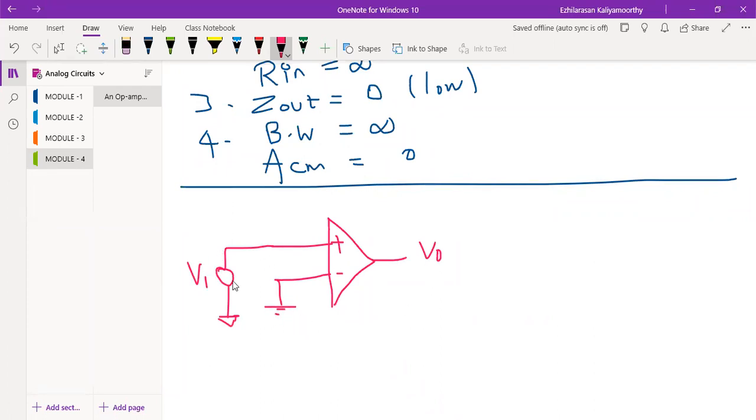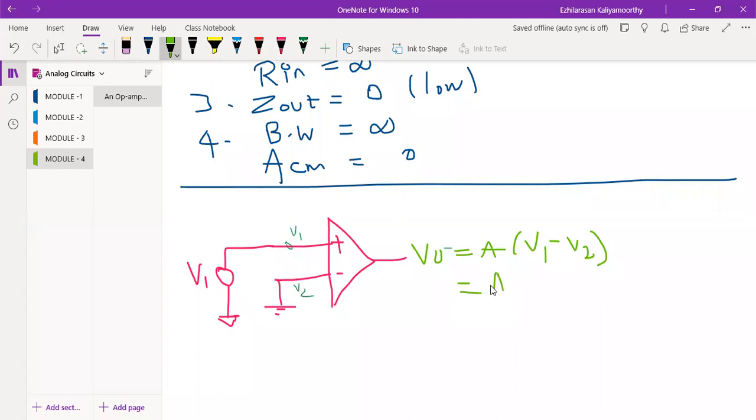Now what will be your output V naught? This is V1, right? This node is V2. So what will be your expression? V naught is equal to A into (V1 minus V2).